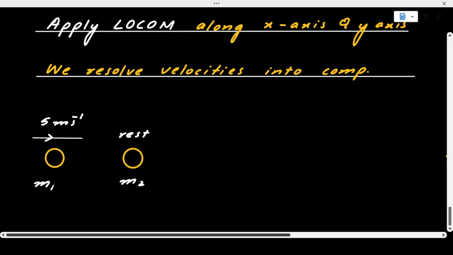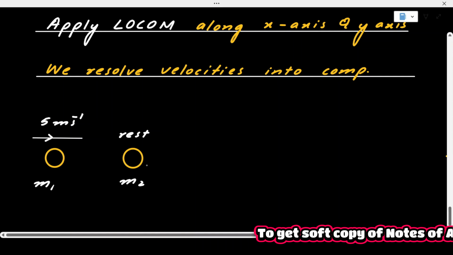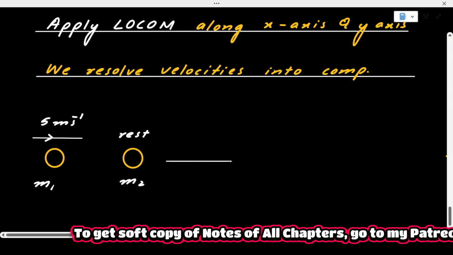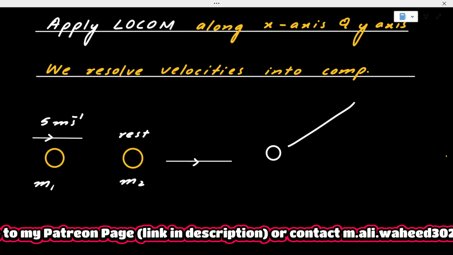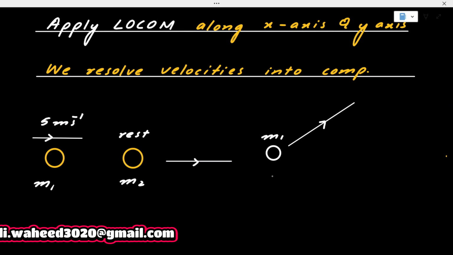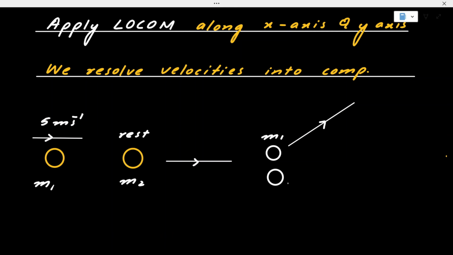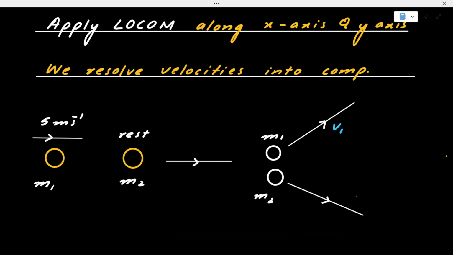It could be an electron, a proton, a normal mass, anything. It was moving forward. After the collision, m1 is moving in this direction and m2 is moving in this direction. So this is the velocity of m1, v1. This is the velocity of m2, which is v2.